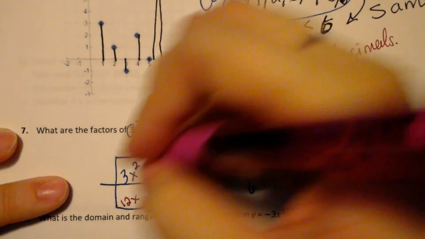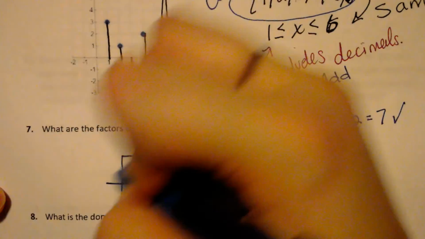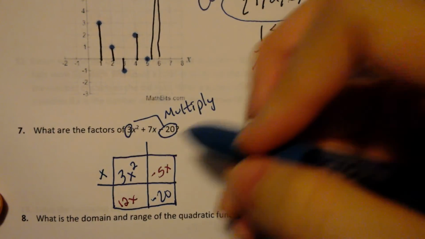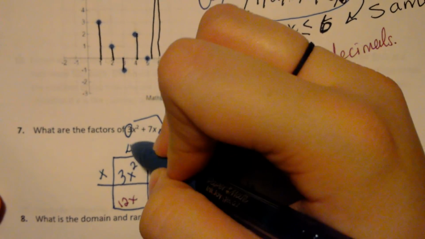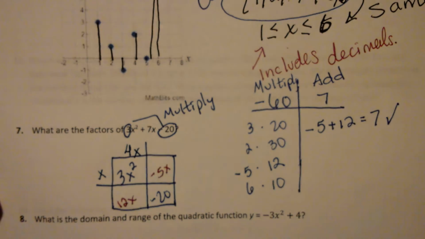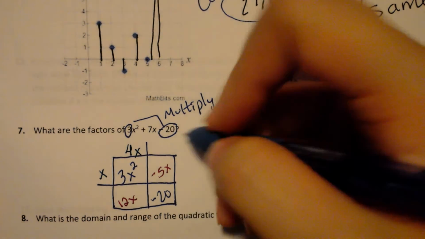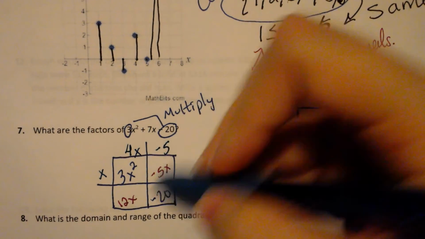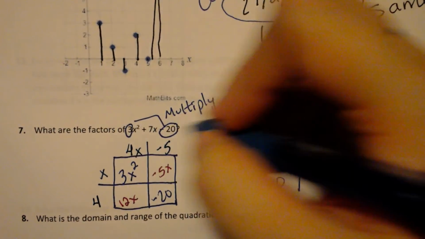So now look at what's common between 5 and negative 5 and 3. There's 1 in common, but there's an x in common. Between 3 and 12, there's a 4 and an x. Between negative 5 and negative 20, there's a negative 5. Between 12 and negative 20, there's a 4.